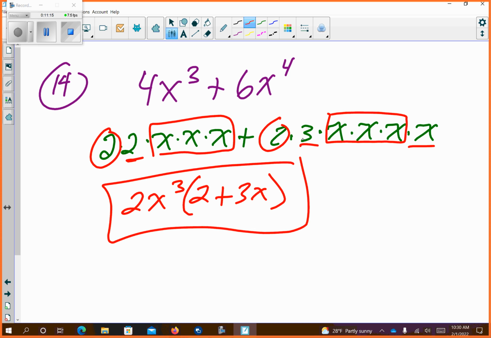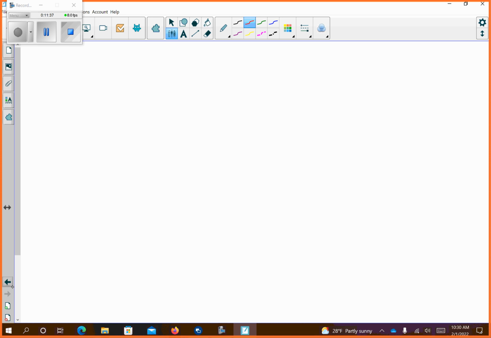That's as far as you can go to factor that. Okay, so on that front page, you see different things can take place. Sometimes it could be prime, meaning it's not going to break down to greatest common factors or anything else. Okay, are we okay so far? Am I going too fast? You feel comfortable?